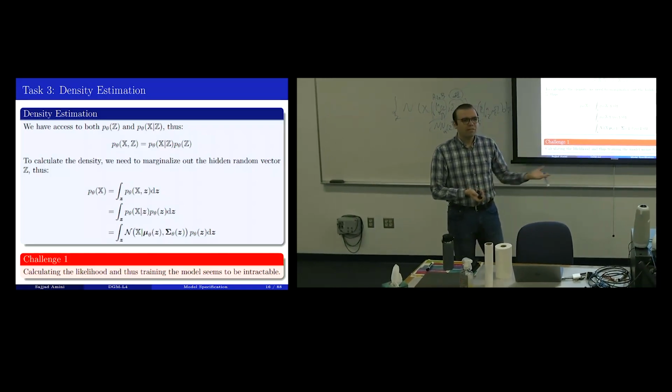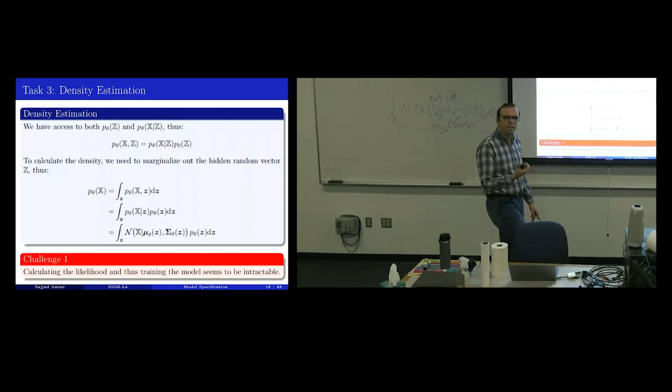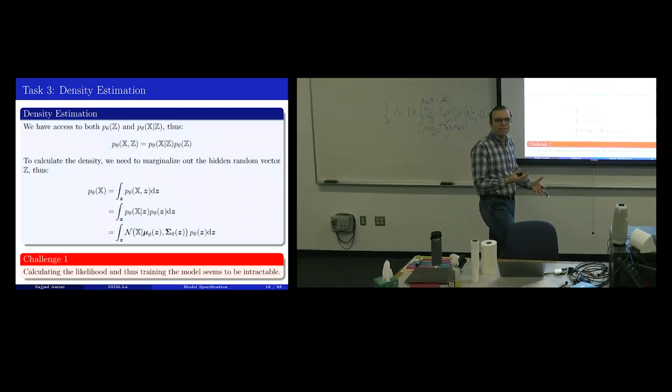How can I calculate it? Why do I need this density estimation? Assume that I just want to use generation. You don't need to calculate z, you want to sample x.